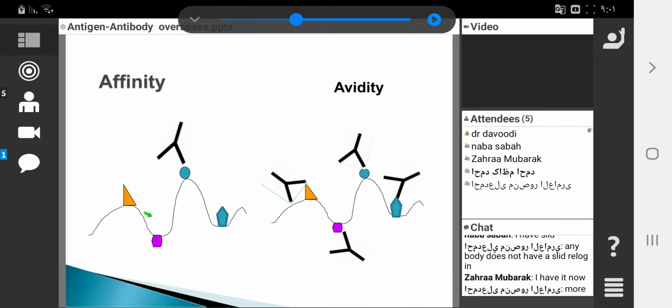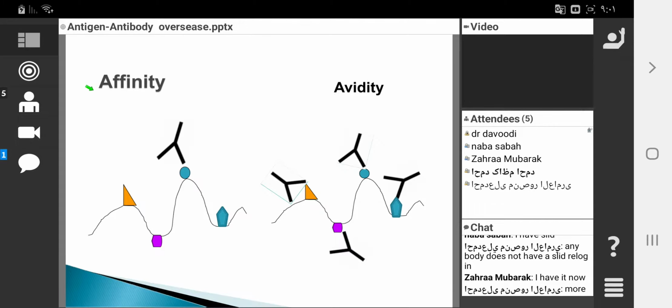Now we want to explain the affinity and the avidity between antigen and antibody. What is affinity? Affinity is the tendency.